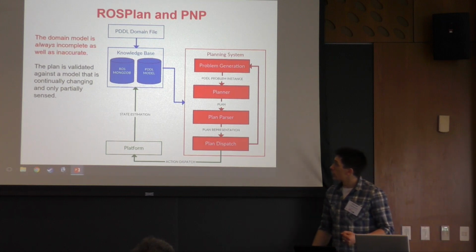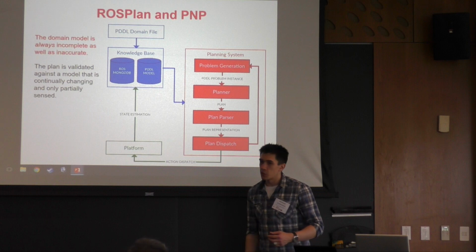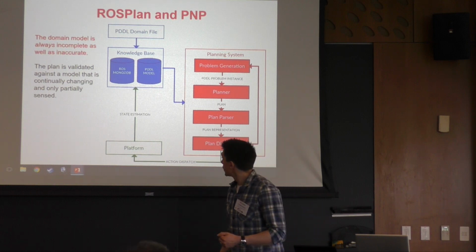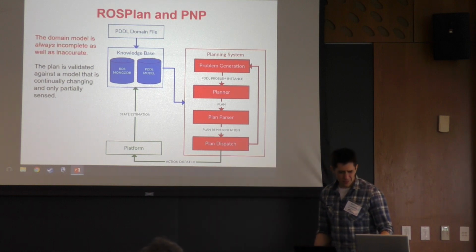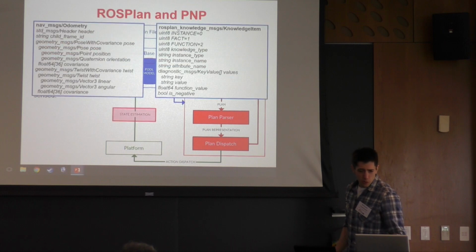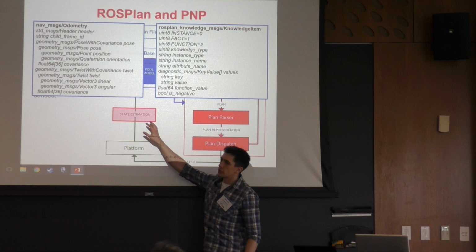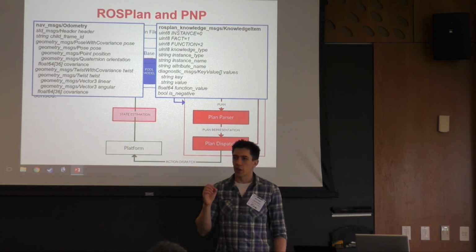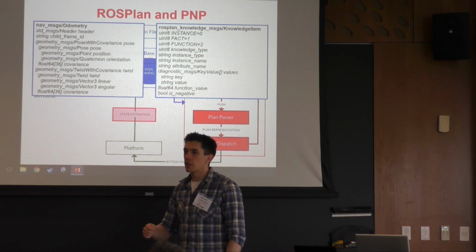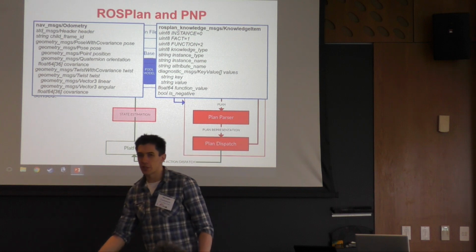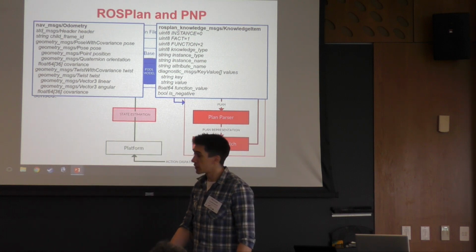Right, now I'll talk about our integration with PetriNet planning. One thing we were assuming is that our state estimation is updating the state with the information that we actually need to be able to tell whether or not the plan is valid.